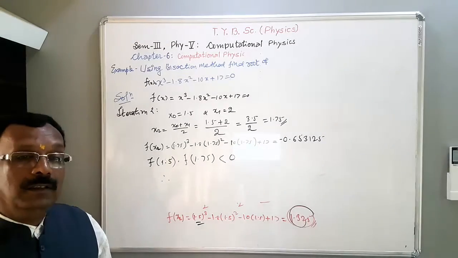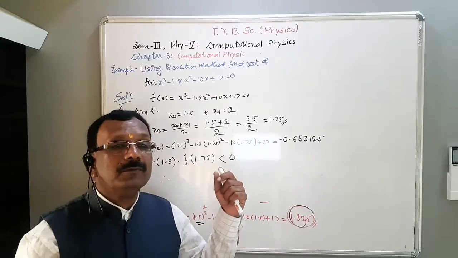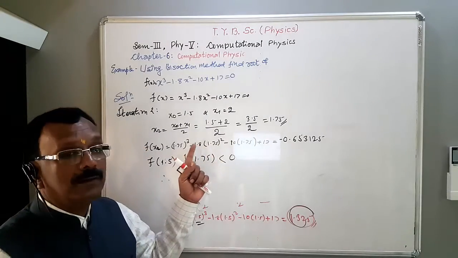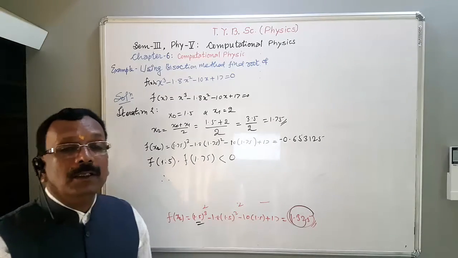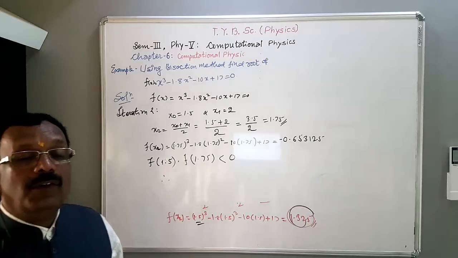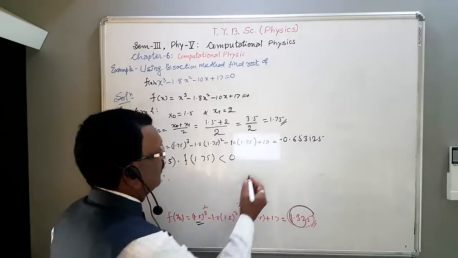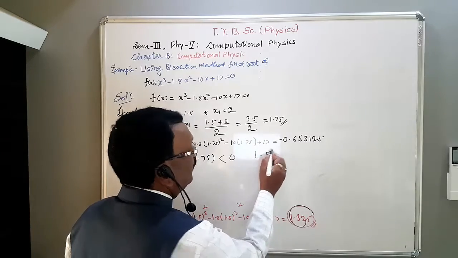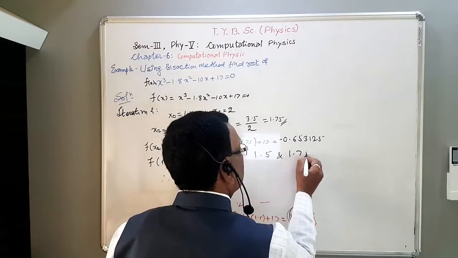What I want to say is, when you solve this in the second iteration, you can find that the roots lie between 1.5 and 1.75.